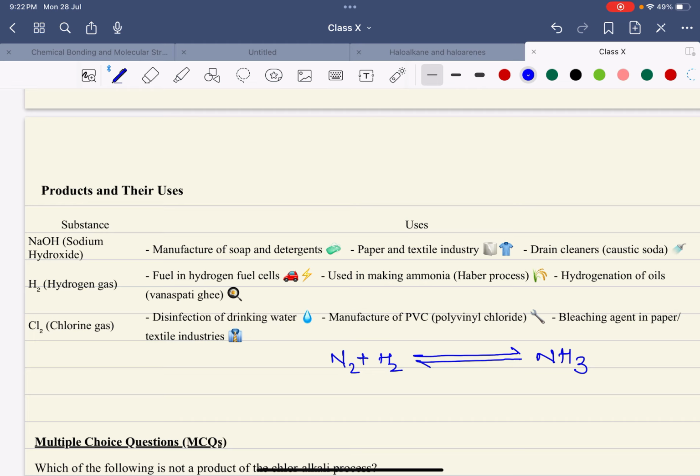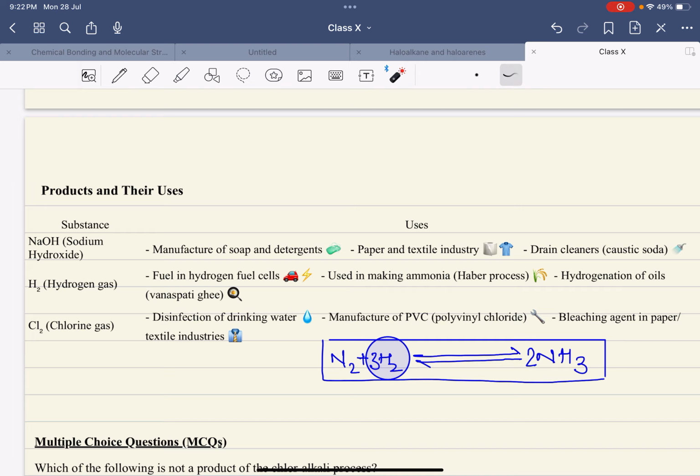Balance the equation: 1 mole of nitrogen and 3 moles of hydrogen. This process is known as Haber's process, in which ammonia is produced. So, hydrogen plays an important role in the manufacturing of ammonia.